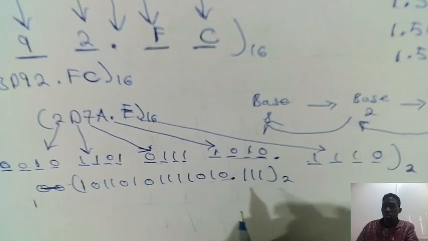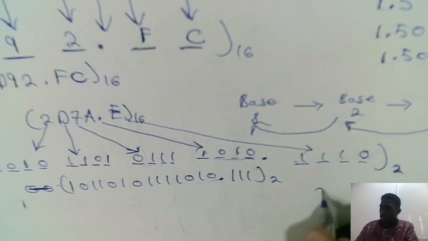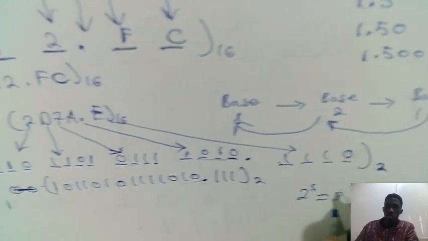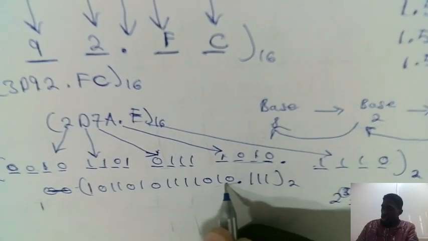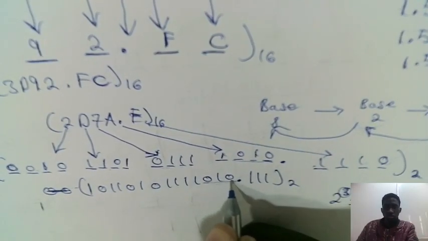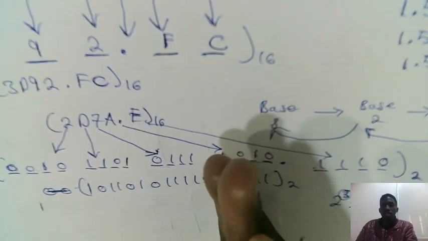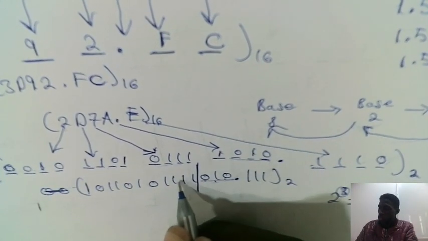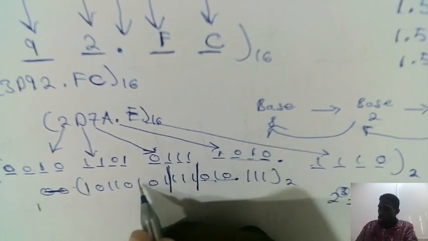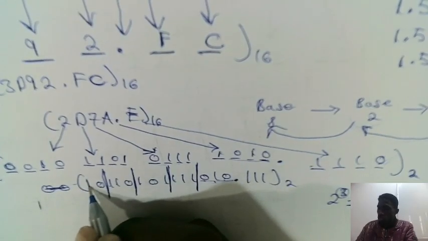We still need to group this in groups of 3 because we're going from base 2 to base 8. For the whole number part, before the decimal point, we start from the right and move to the left. 1, 2, 3, 1, 2, 3, 1, 2, 3, 1, 2, 3, 1, 2.